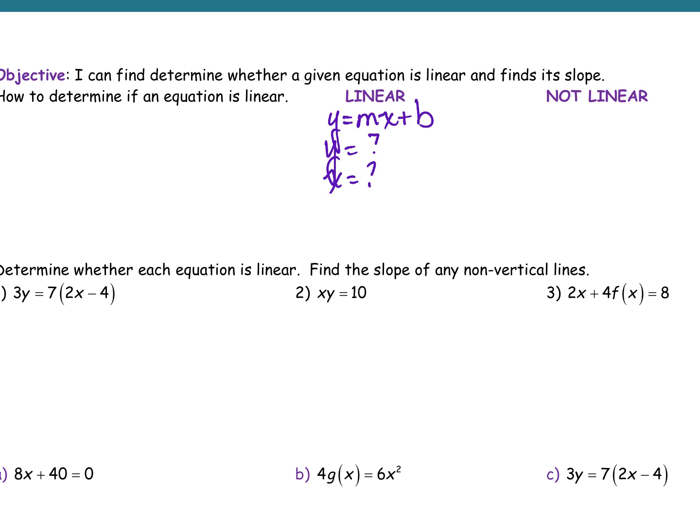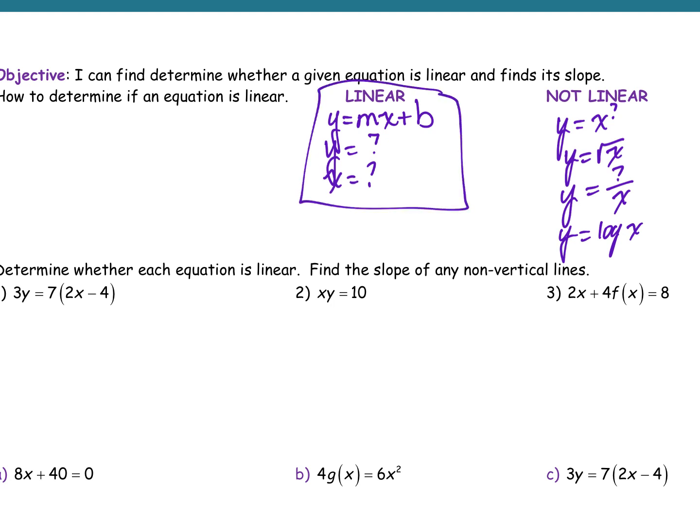Notice it's all solved for y. Not linear would be y equals x to some power, doesn't matter what power it is. Y equals the square root of x, not linear. Y equals some number over x, not linear. Y equals a logarithm, not linear. Anything that's not in this form, not linear.